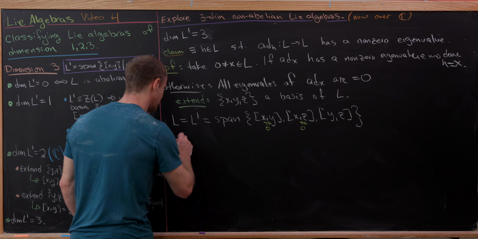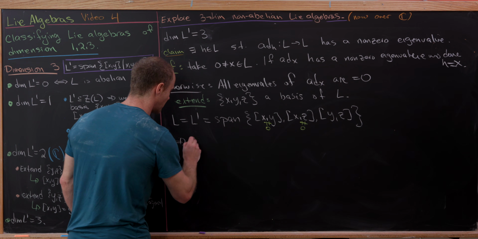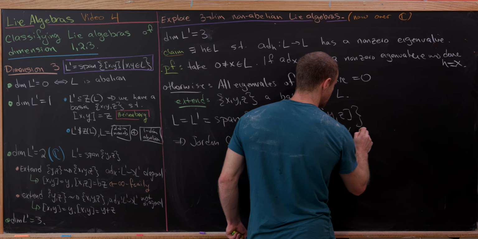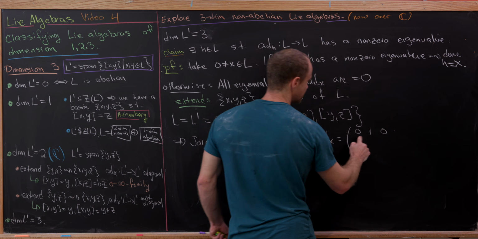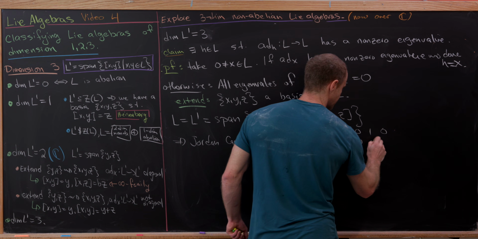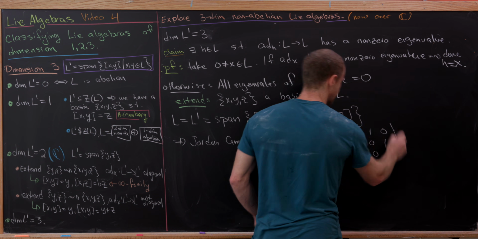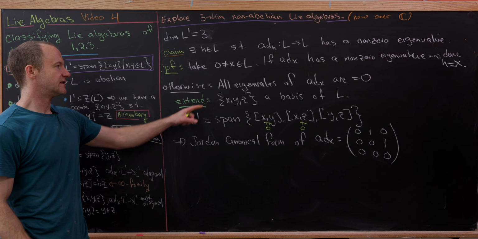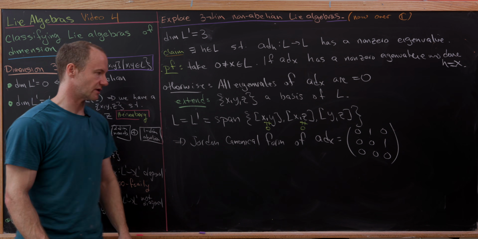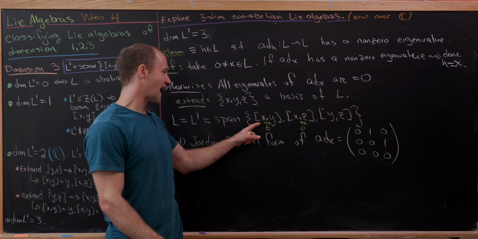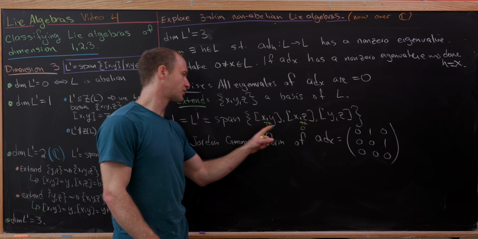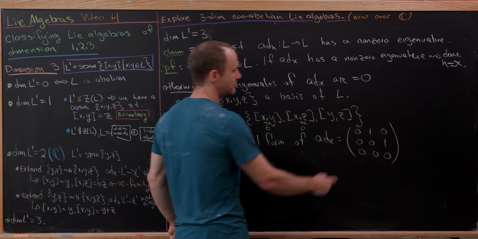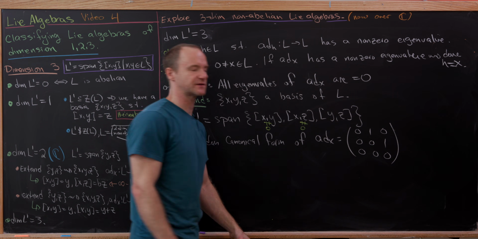But then that means that the Jordan canonical form of ad x is equal to the following matrix: 0, 1, 0, 0, 0, 1, and 0, 0, 0. Having zeros on the diagonal means that all of the eigenvalues are 0, but the fact that ad x produced 2 linearly independent non-zero vectors means that we've got a Jordan block of this form.